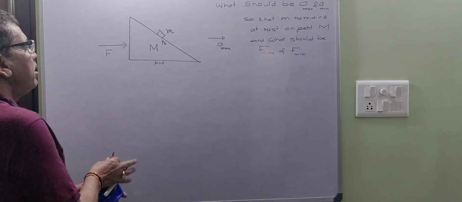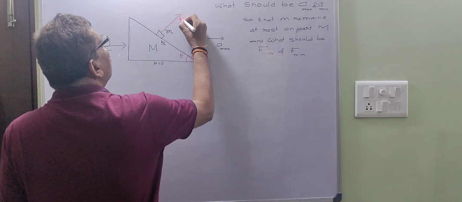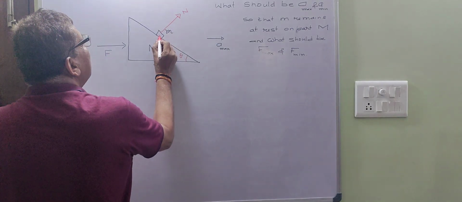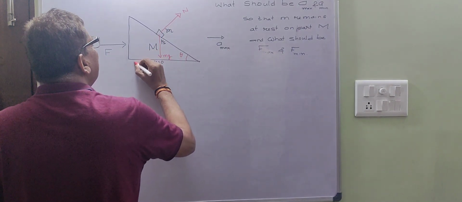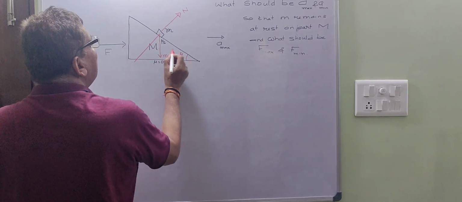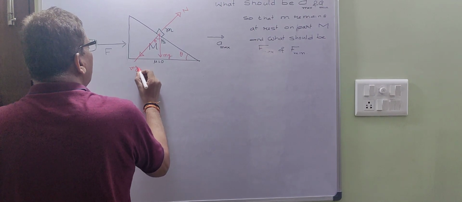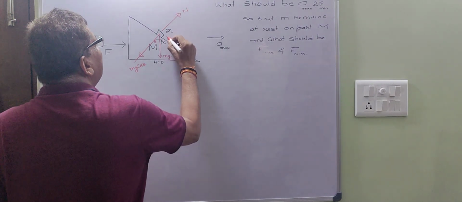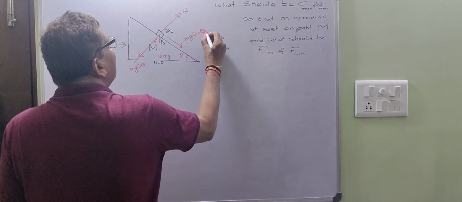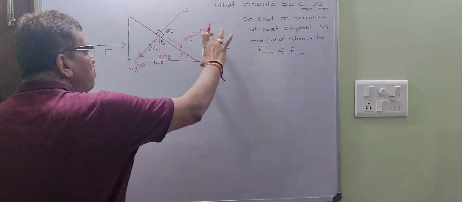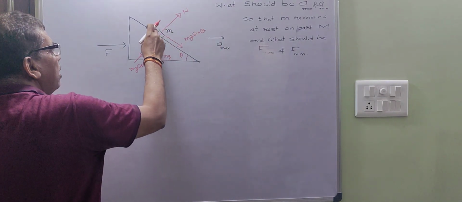Now you will observe here this angle is theta. I can say this is the normal reaction N, and the weight will be acting in this direction, mg. I can say in this direction theta, and this will be theta. So I can say mg cos theta will act in this direction, and in this direction mg sin theta will act. Is it? And now at maximum acceleration this will remain at rest, but it will have a tendency to go up.